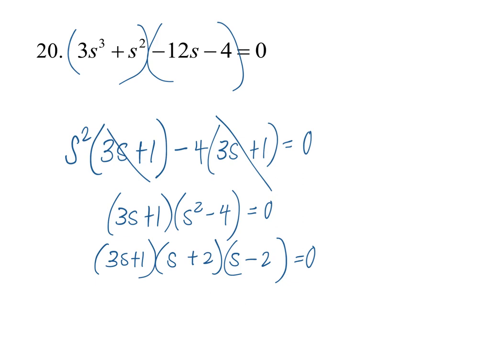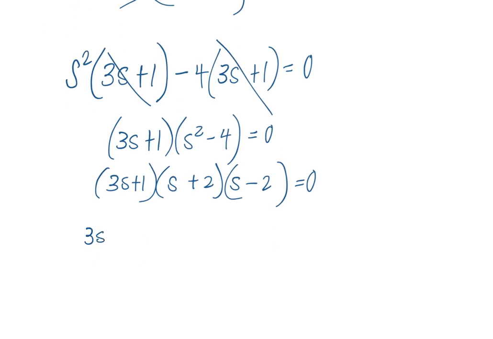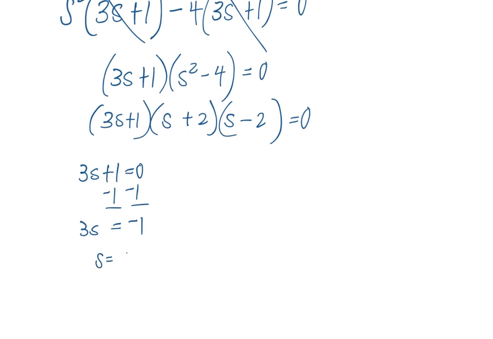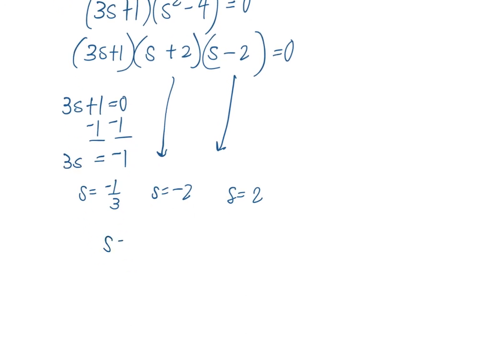So I can set all 3 factors equal to 0. Divide by 3. And the next 2, s equals negative 2, s equals 2. So s equals negative 1/3, negative 2, and 2.